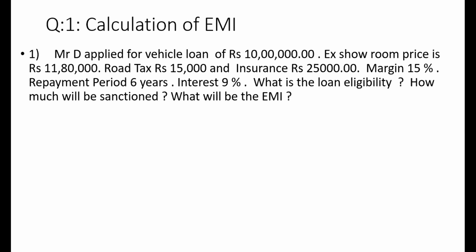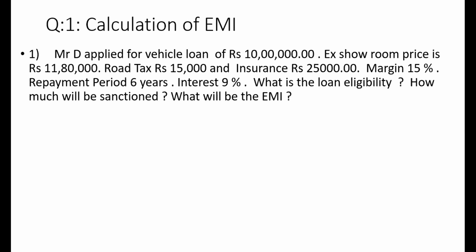If you keep on noting the points, these are the questions they are asking. Margin 15%. Repayment period 6 years, that means 72 months. Interest 9%. What is the loan eligibility? Three questions: what is the loan eligibility, how much will be sanctioned, and what will be the EMI? Sometimes it may be 5 questions also, but here I am making it very simple.